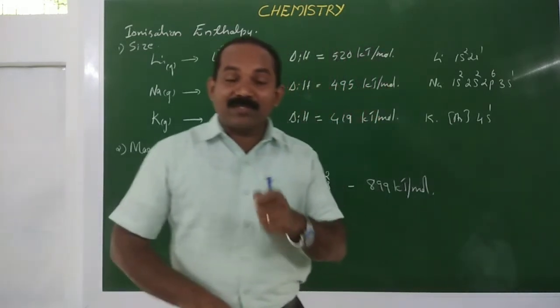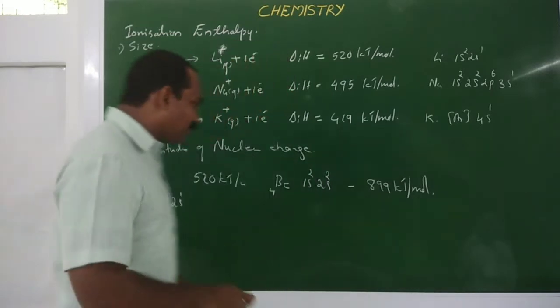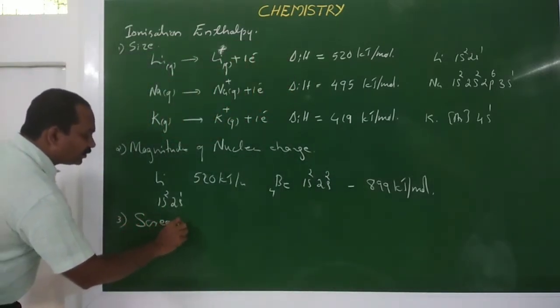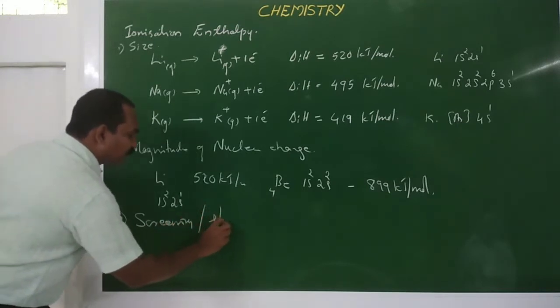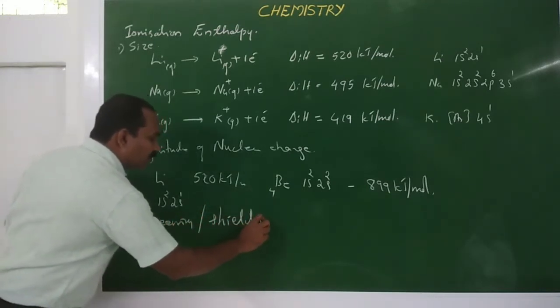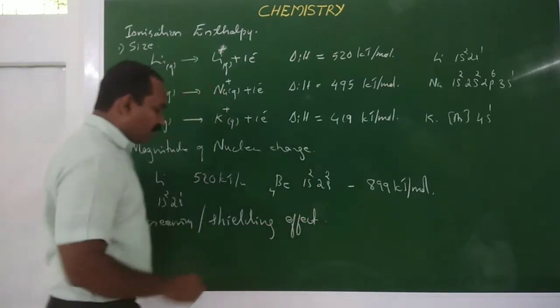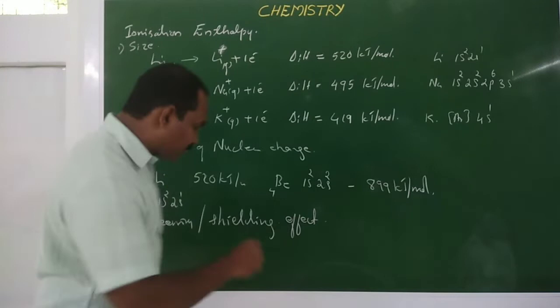Okay, and what about the screening order of the orbitals? Third point is screening or shielding. Okay, shielding effects. Screening effect or shielding. What is the order of screening effect?